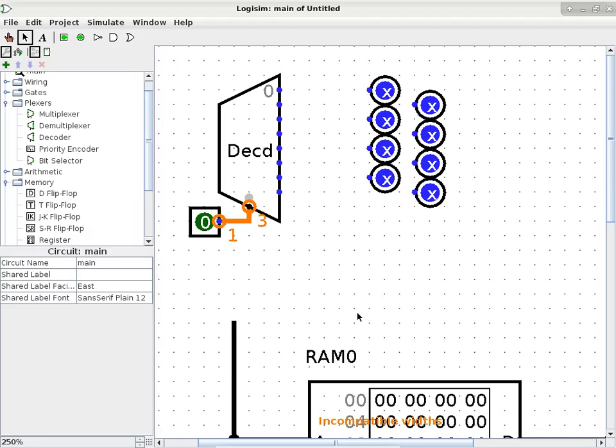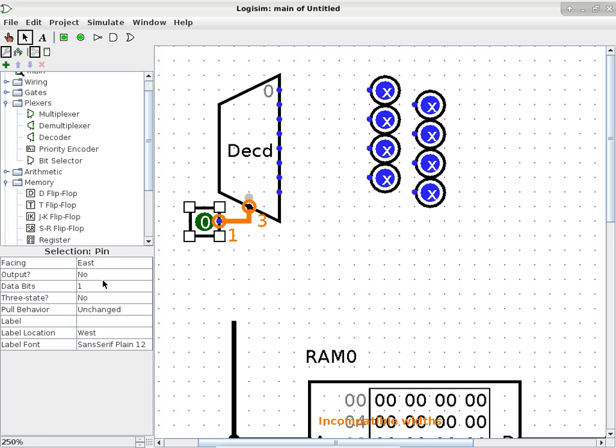So it's not matching. But that's an easy thing to fix, because what we need to do now is to click on the input pin itself and say there are 3 data bits in the input pin. In other words, the word pin in this particular software is somewhat of a misnomer because it's basically a port, okay?